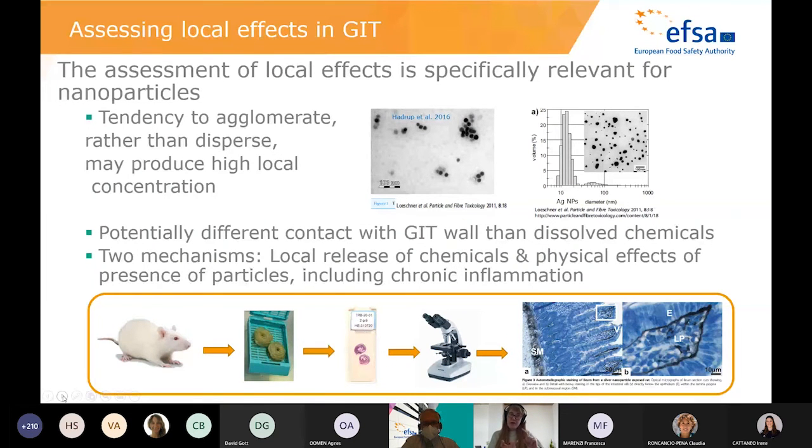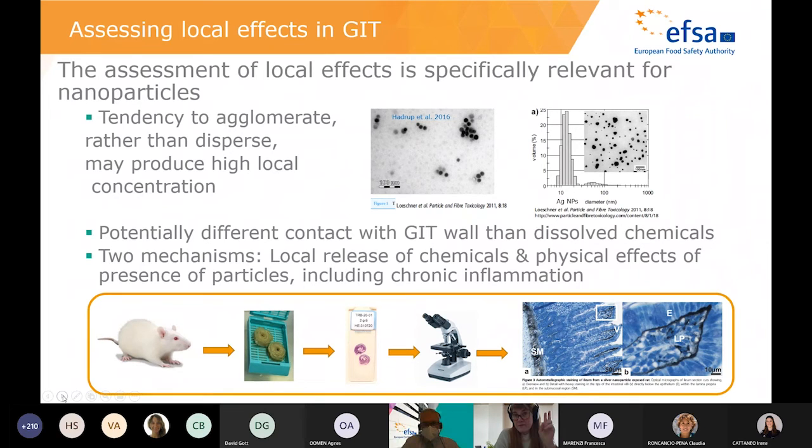As you know, for the 28-day study and 90-day study, OECD test guidelines indicate that among the organs and tissues to be studied histologically under the microscope, there has to be a sample from the intestine and also the Peyer's patches, which are present in the gastrointestinal tract.